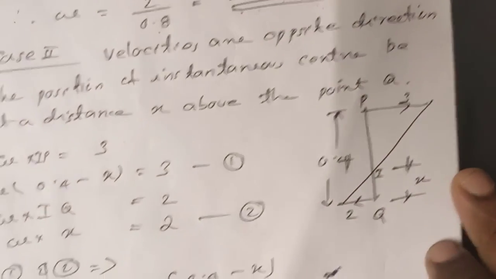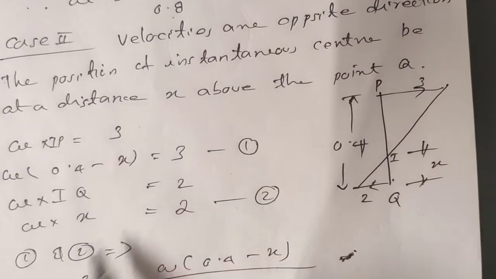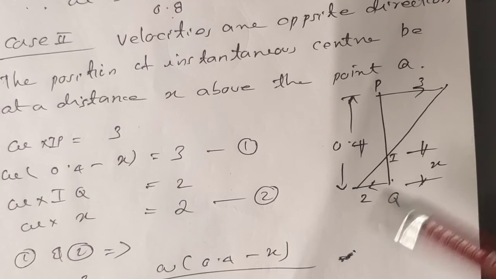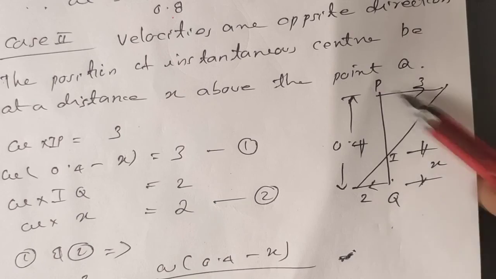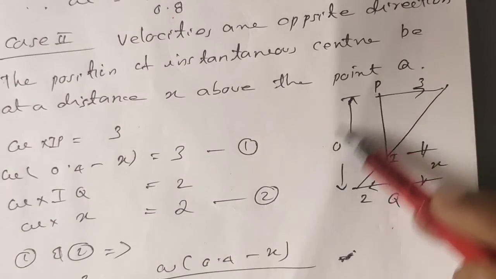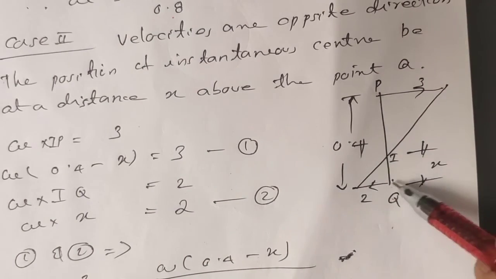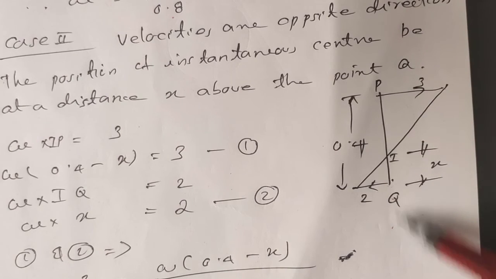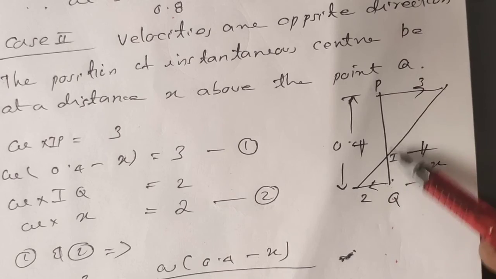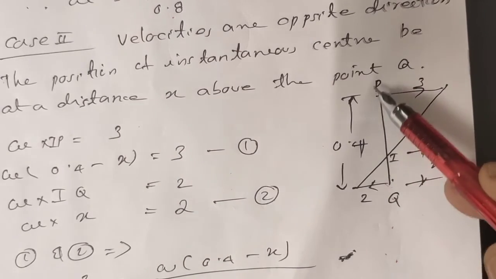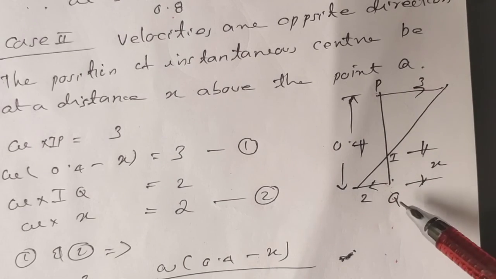In this case we use the same method, but the instantaneous center will not be outside, it will be in between P and Q. This is the figure of the circle. In the first case, the instantaneous center was down from Q, but in this case the instantaneous center is in between P and Q, between top and bottom.